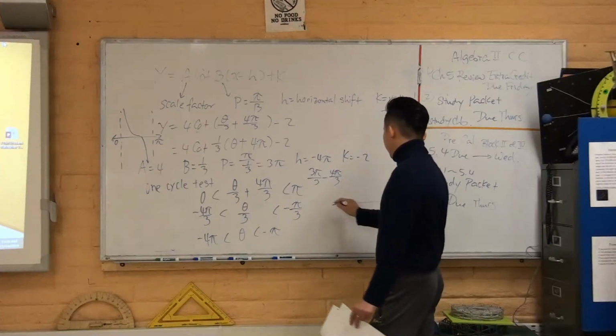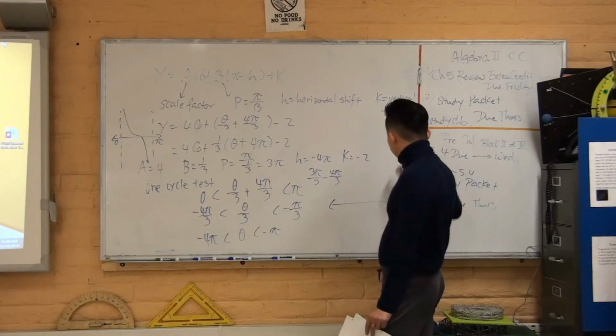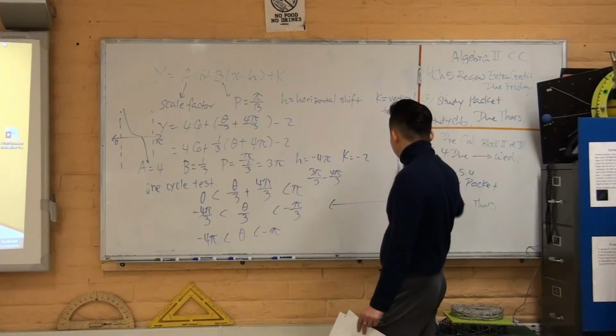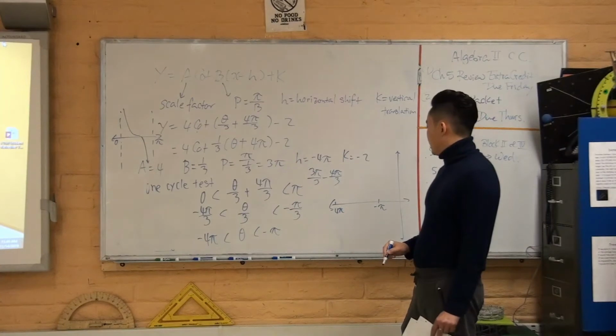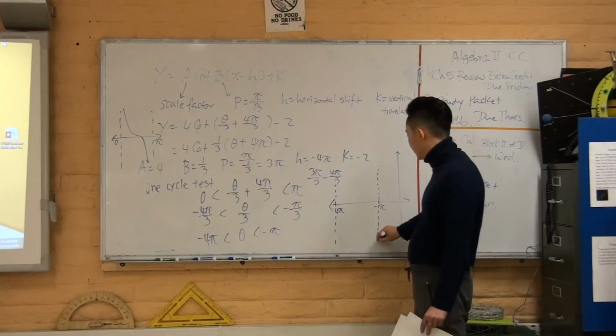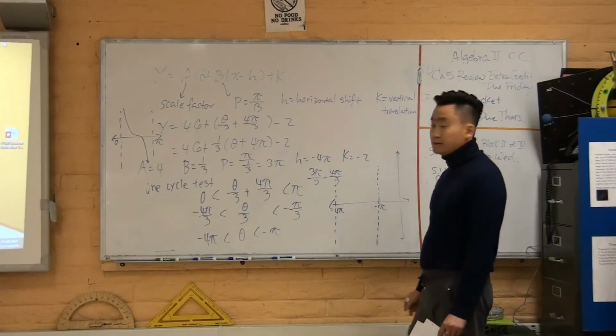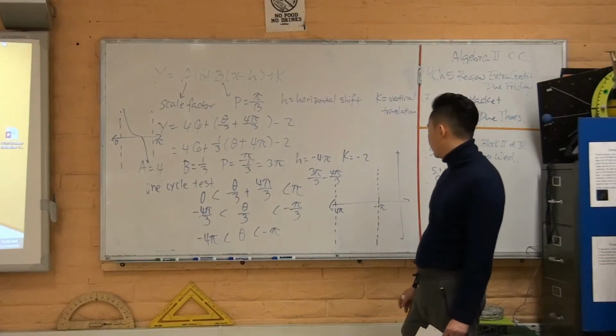Okay, so for the one cycle graph, here's the y-axis. And then negative pi. You may notice that would be the other vertical asymptote. So we want to find half of the distance between negative 4 pi and negative pi.